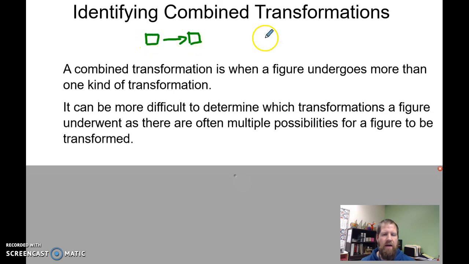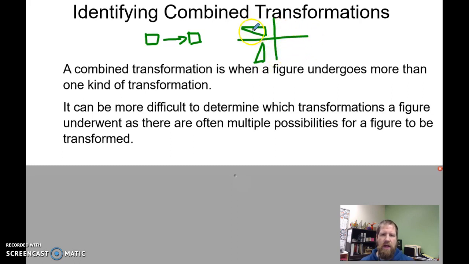But when you have two transformations, say this is my starting triangle, and then it ends up looking like this, right here, and maybe here's my coordinate plane.